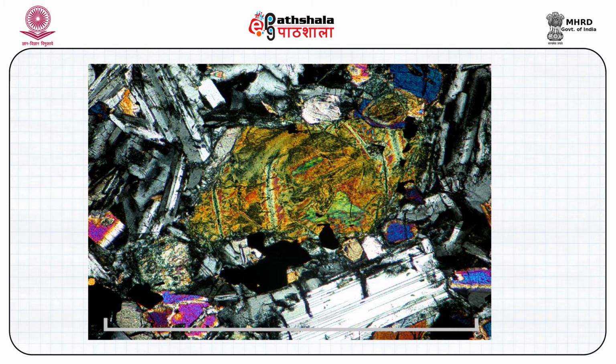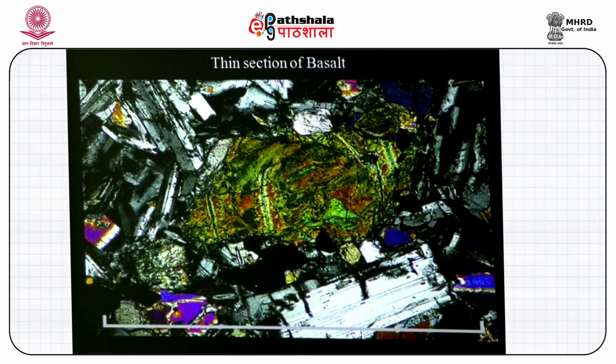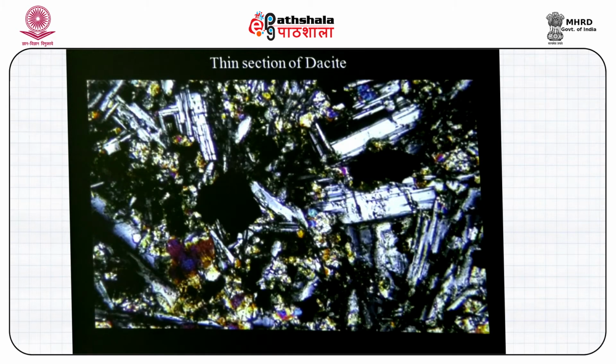And as I told you, this will be equivalent to gabbros when they are plutonic. So these are dacite. Dacite is equivalent to granodiorite. Here you will have more plagioclase and then some pyroxene, some amphiboles, and composition wise, they are intermediate rocks.